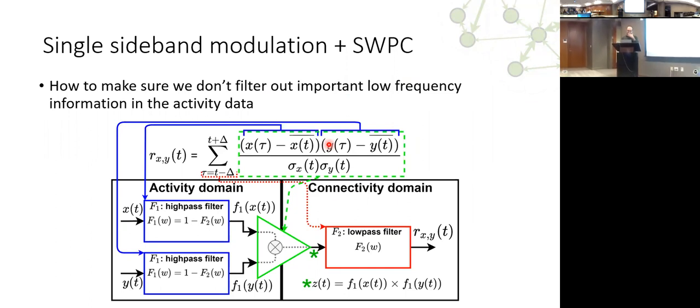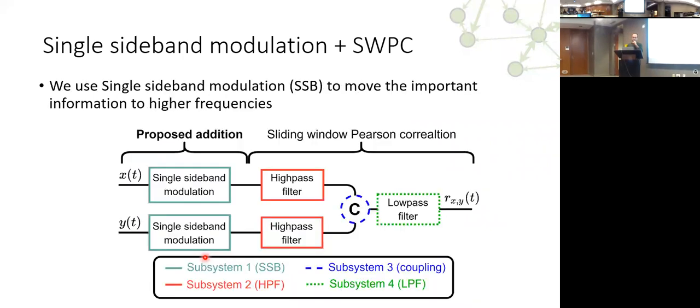And the other issue that I mentioned is that this high-pass filter might filter out important information of the connectivity. How can we solve that? We had an idea, again a simple idea: why not move information from the low frequency to high frequency in such a way that we can estimate the true connectivity?